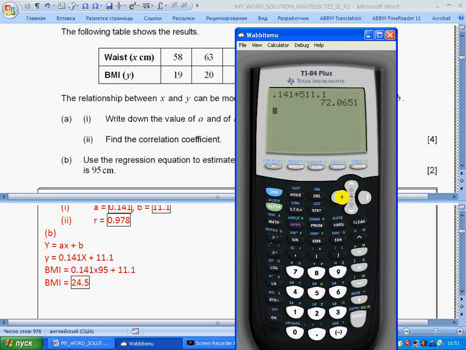So I did it wrong. 0.141 times, it's very slow, 95 plus 11.1.